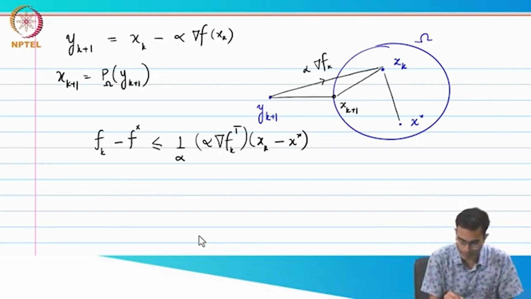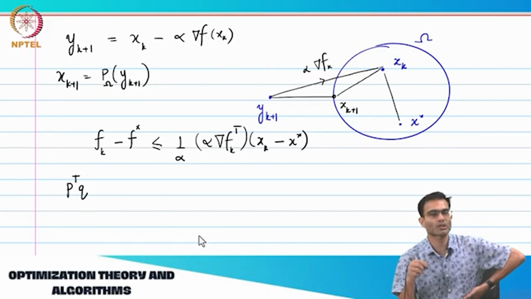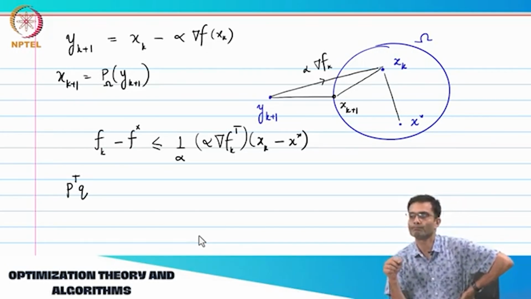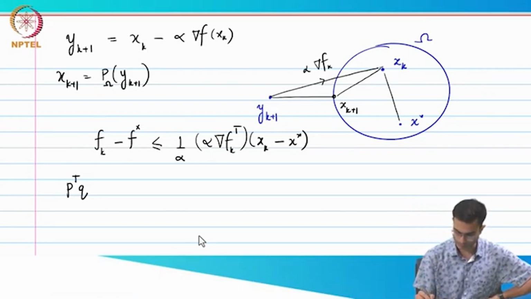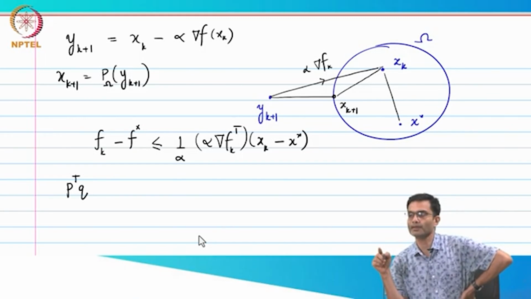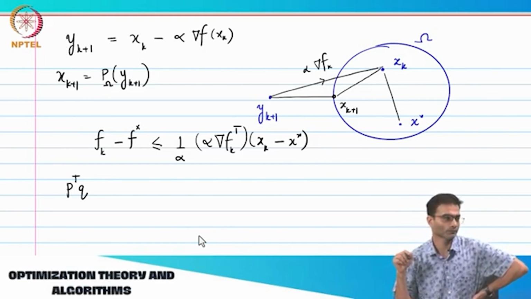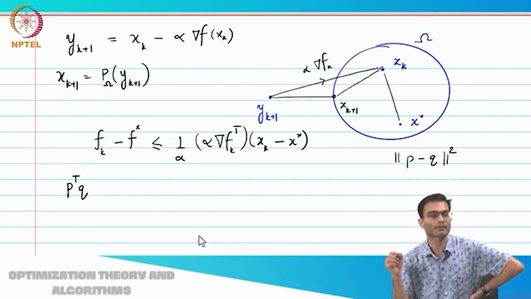So a way to express P transpose Q. Do we know how to do this in terms of P and Q? For example, norm of P minus Q whole squared: what all terms will be there?